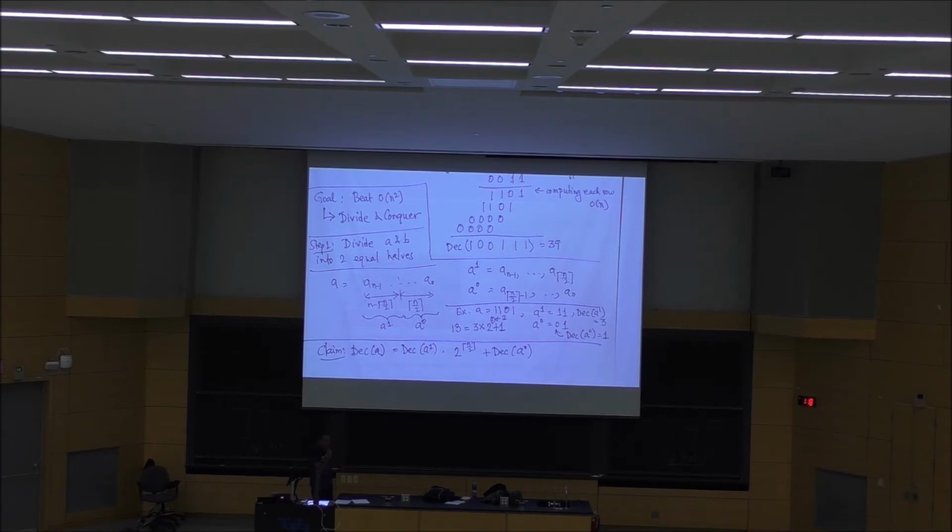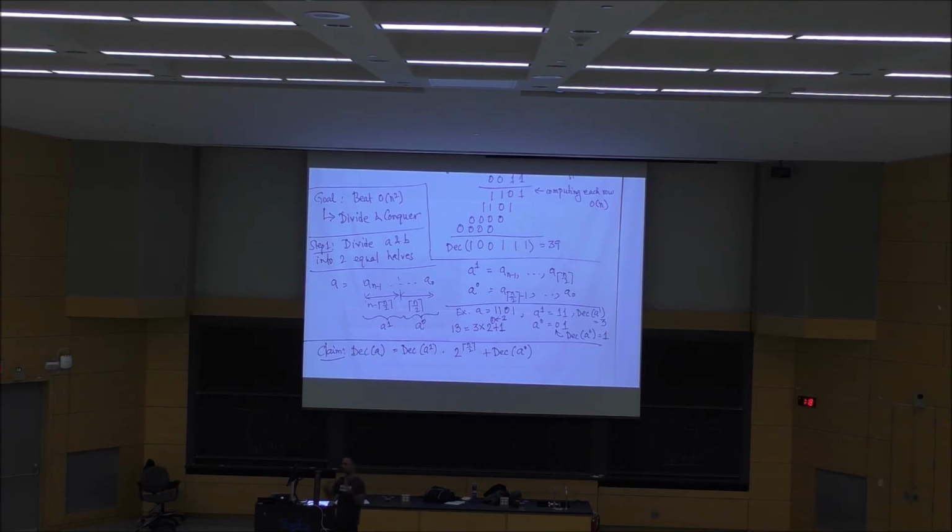Maybe I'll stop for half a minute, talk to your friends, let me know if any questions on notation. Otherwise, the plan going forward is I'm going to quickly argue why this claim is true, and this will just follow from the definition of binary representation. Then I'm going to substitute this expression for A, substitute a similar expression for B, and come up with an expression for A times B in terms of products of A1, A0, B1, B0.